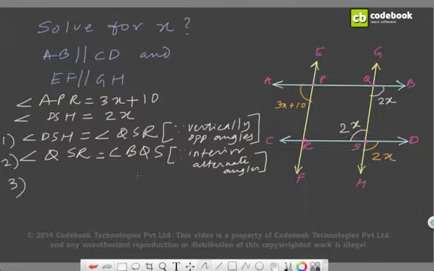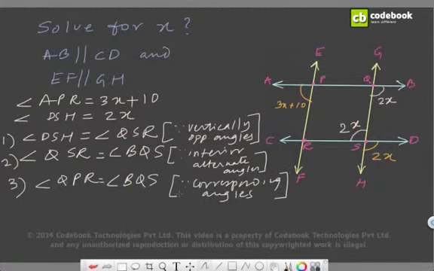So now again angle QPR is equal to angle BQS because they are corresponding angles. If you observe, EF is parallel to GH and AB acts as the transversal. So angle BQS is equal to angle QPR because these two are corresponding angles.